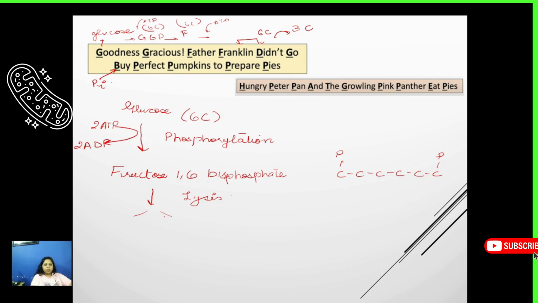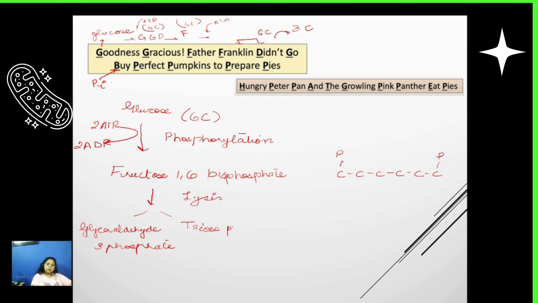So two different products are formed, and each is going to make the pyruvate. So let's write glyceraldehyde 3 phosphate, or you can also say triose phosphate. It's a 3 carbon compound, so triose phosphate.